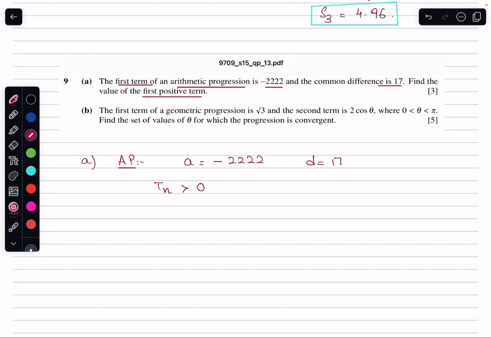So Tn is given by a plus n minus 1 times d, and this should be greater than 0. a is negative 2222. We do not know the value of n, but we do know the value of d, which is 17. This needs to be greater than 0.